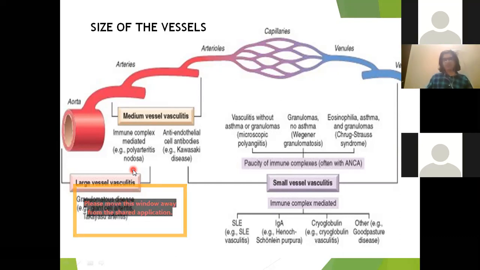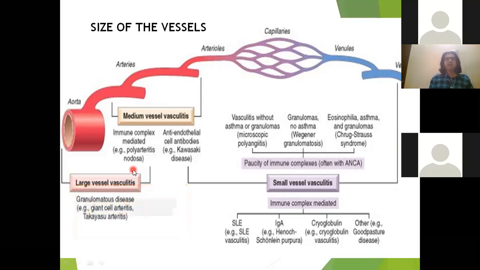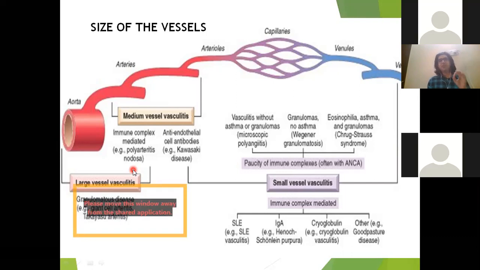And then the second one is Takayasu arteritis. This typically occurs in young females of Asian descent, and it affects the arteries, sorry, which are emerging from the arch of the aorta, right? And these arteries are supplying the blood to the upper limbs.